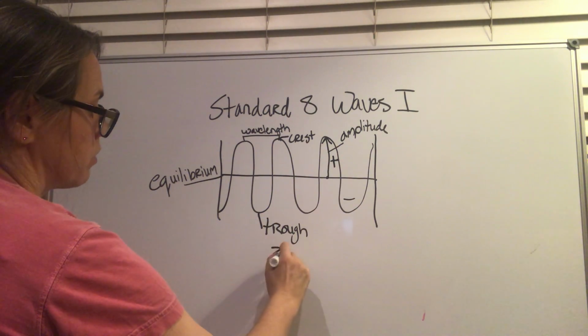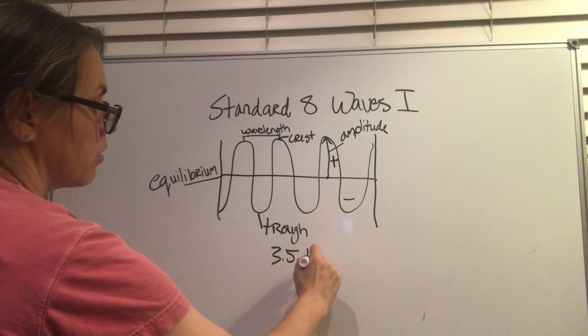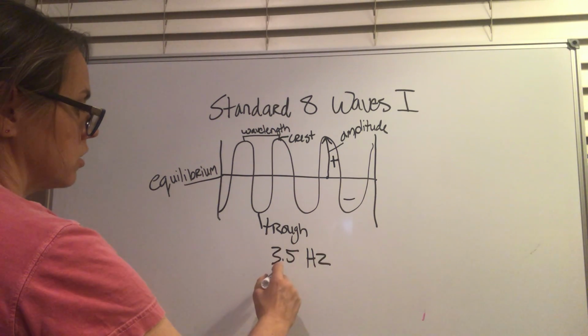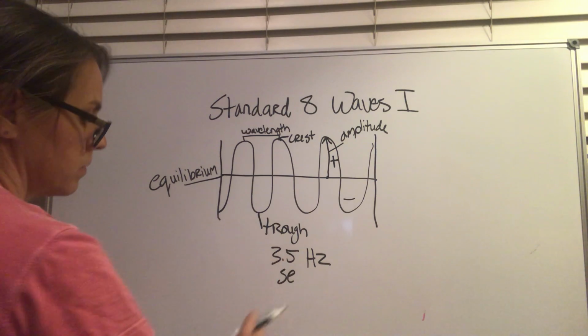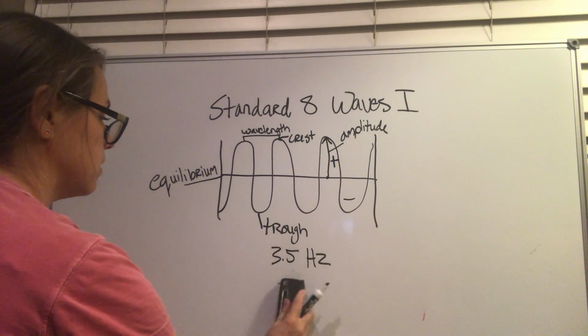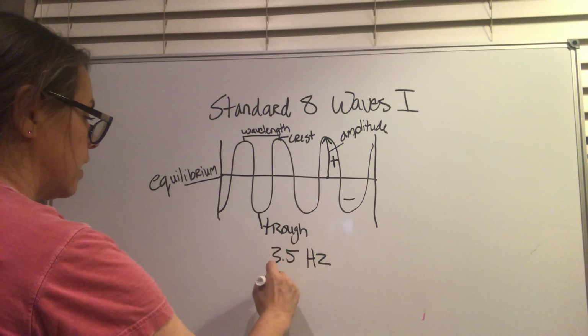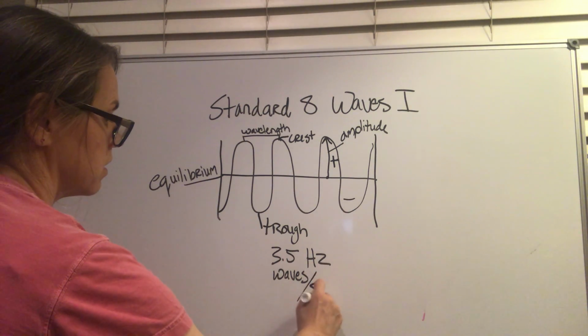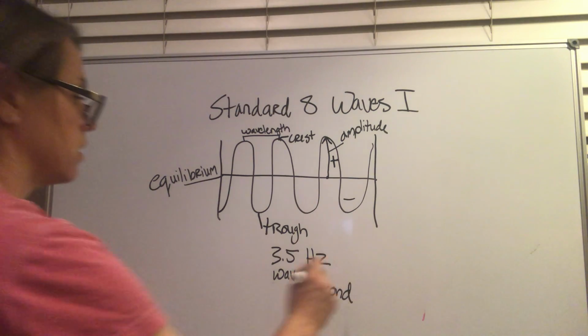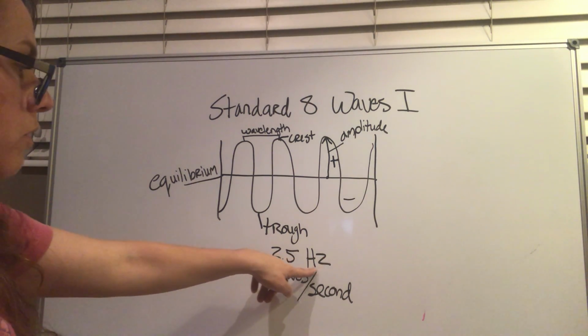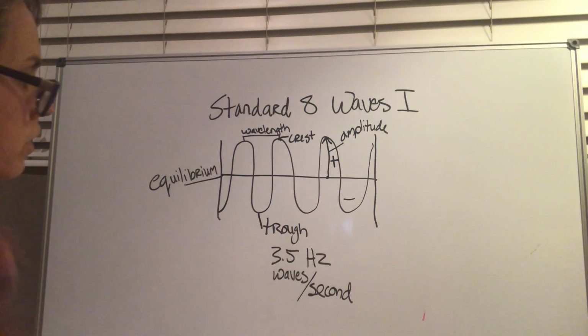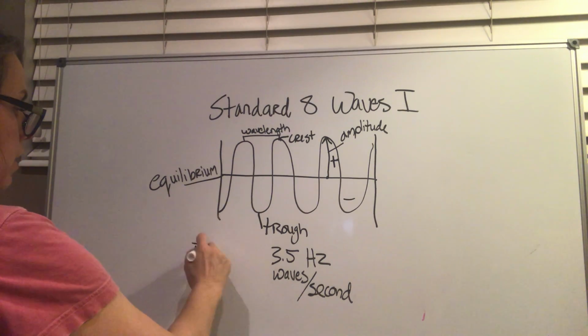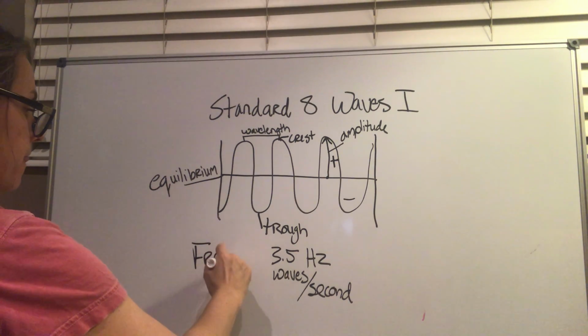So you could put maybe 3.5 hertz. That's how we measure it, hertz. And that just means number of waves per second. They call that number of waves per second hertz. And that's a measurement of frequency.